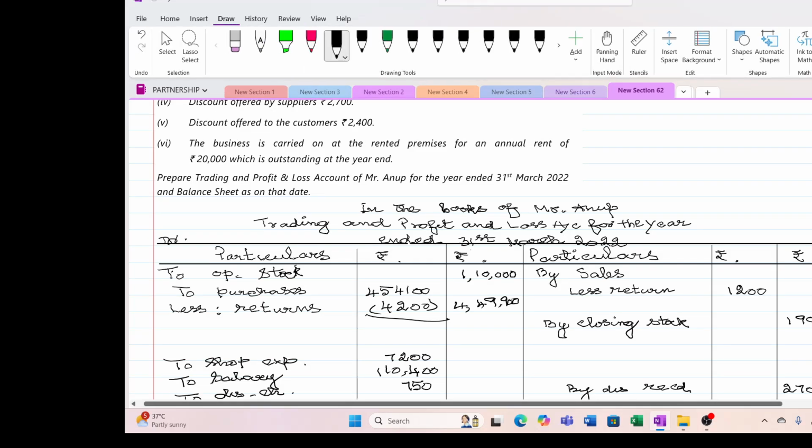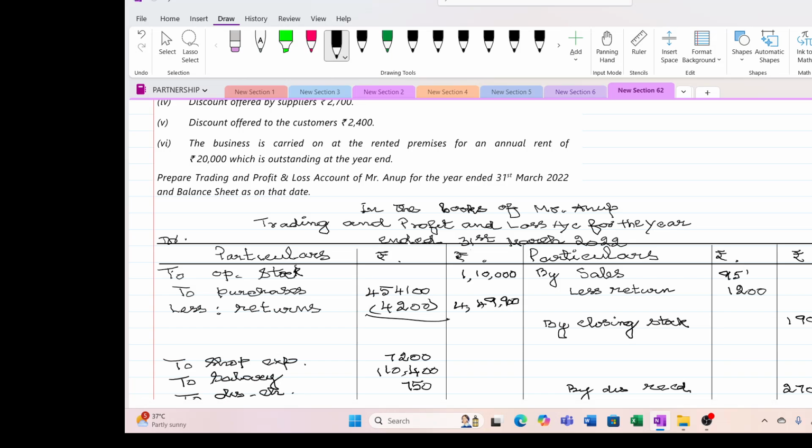959,750 minus 1,200 will be your 958,550.